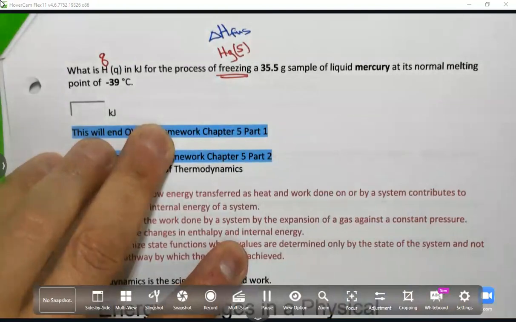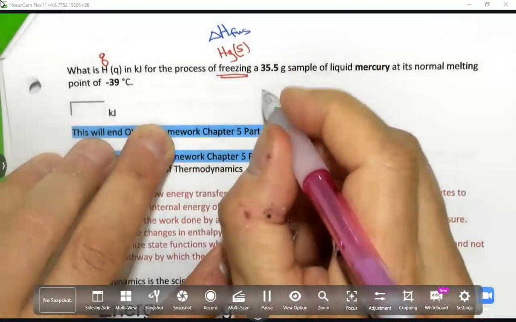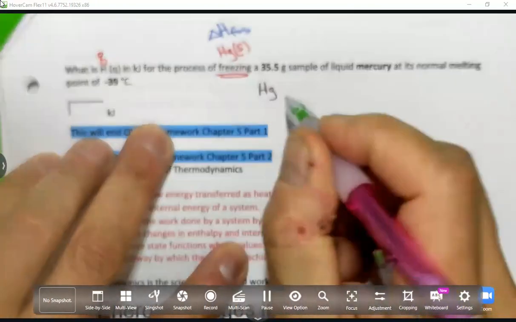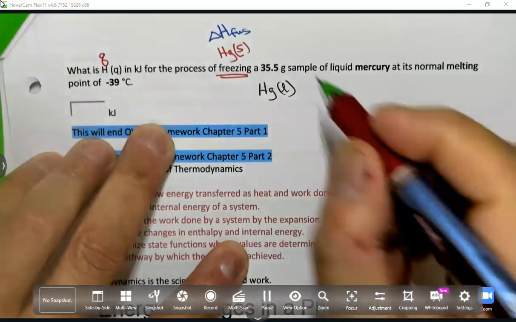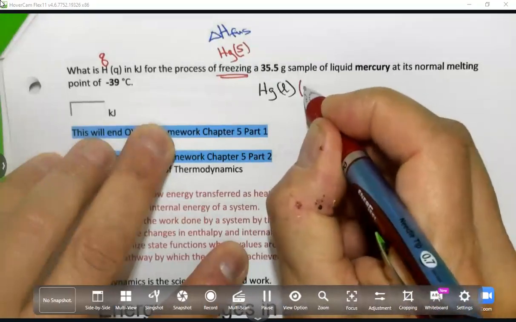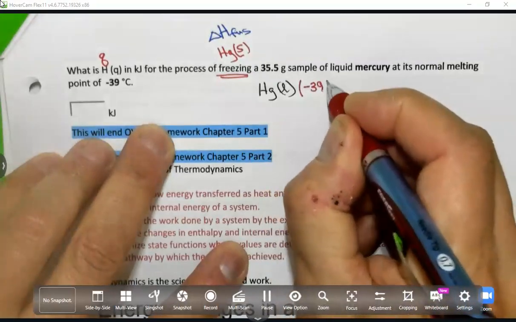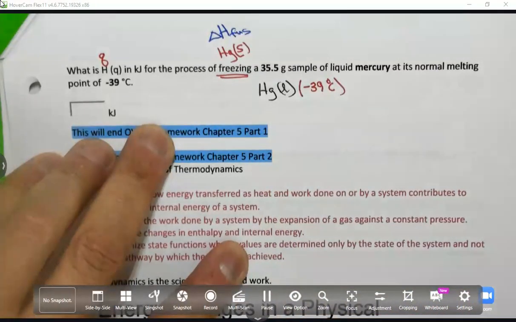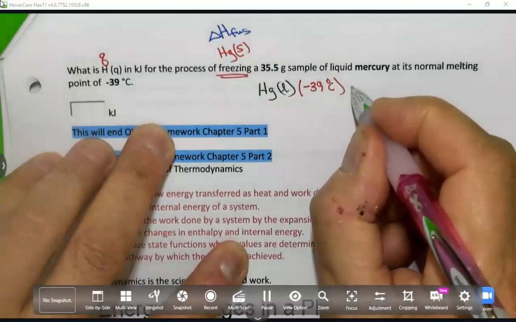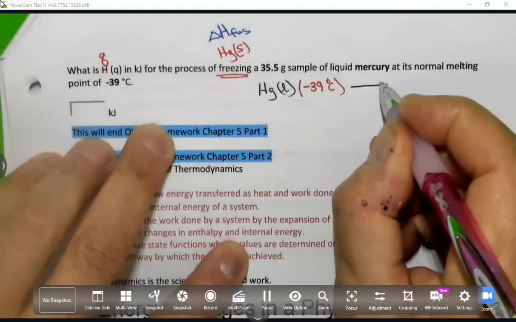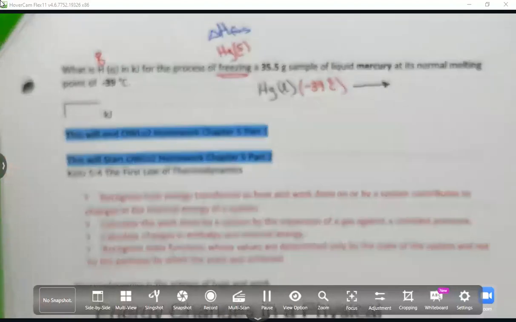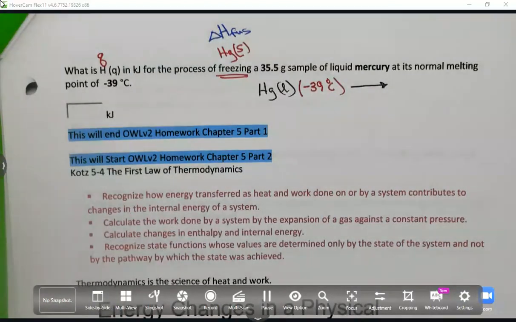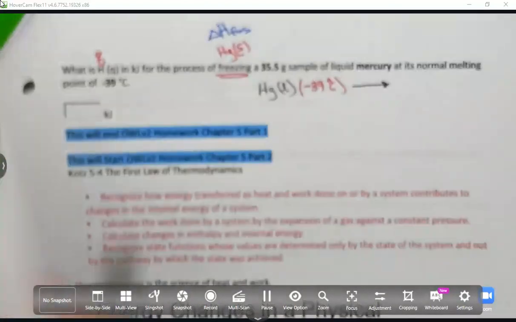So here's what we've got. You've got liquid mercury at negative 39 degrees Celsius. Now I'm going to look on the previous page, double check. It says its normal melting point is negative 39.